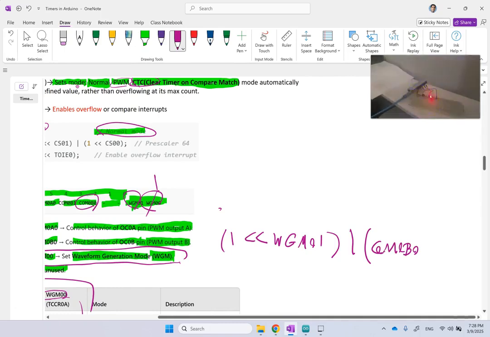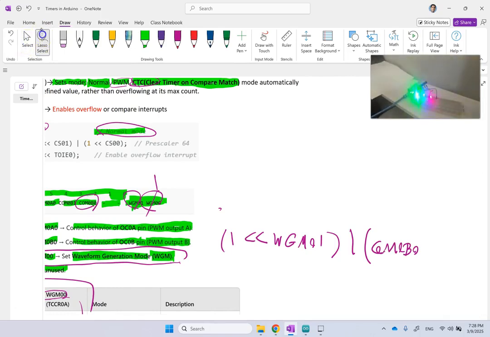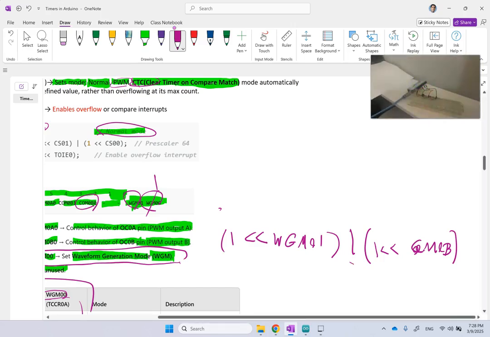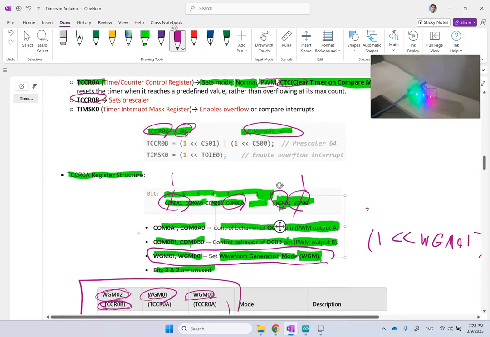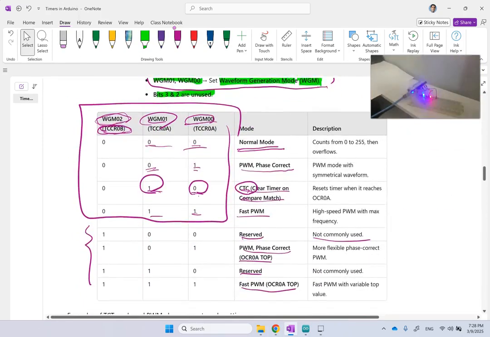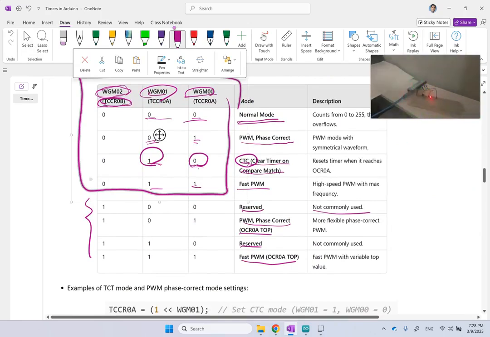This is also set by a left shift bit operator to 1. Okay, so like this. As many as you want, just go ahead and use the OR and the left bit shift operator and set all of those to 1, and that will determine the behavior of your system.